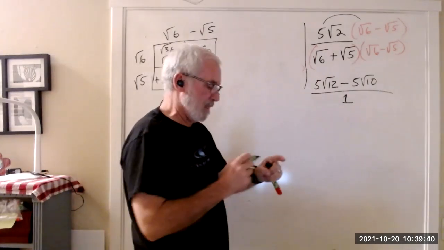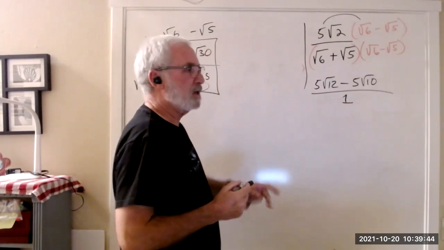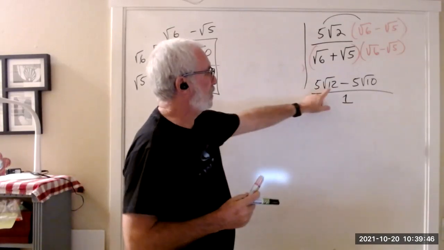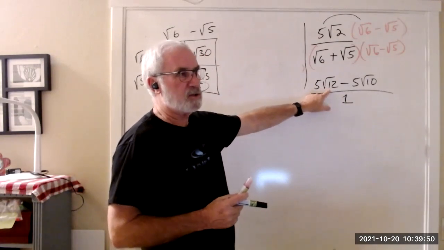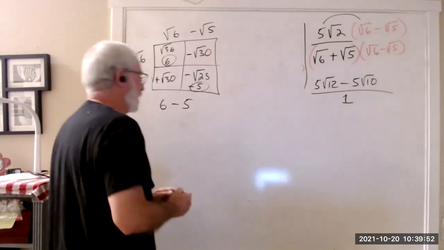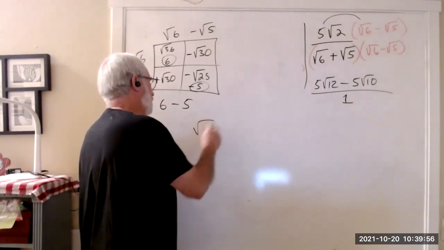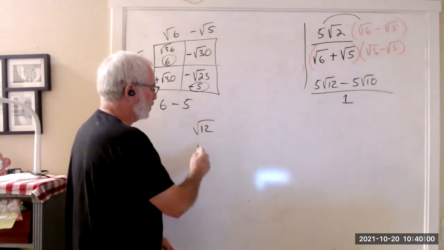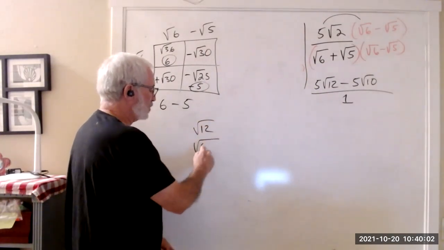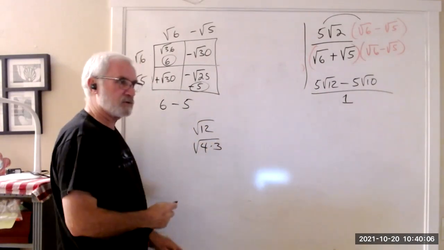Okay. Now, this is almost done, except what about the square root of 12? It simplifies. Okay, go to your calculator. Remember, if you've got the TI-36X Pro, it will do that for you. But for us, square root of 12 is 4 times 3 using our factorization.